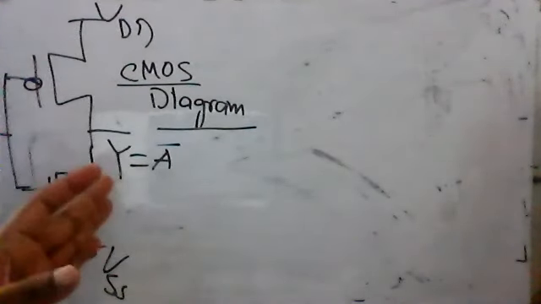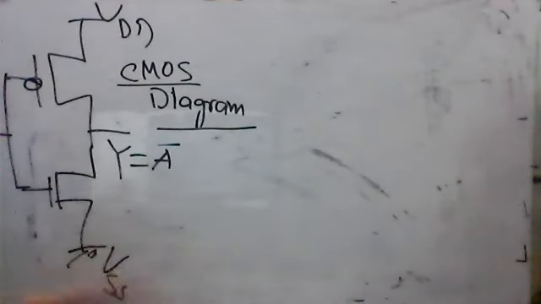And this is very important, because if you cannot draw the CMOS diagram, you cannot draw the layout. So if you make a mistake here, you will be making mistakes in all the other parts of this course.